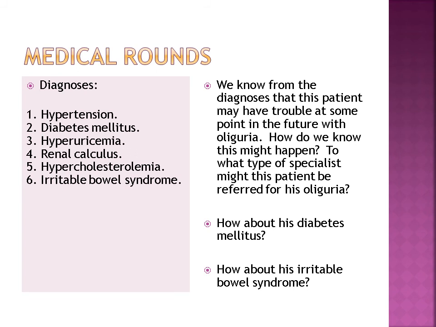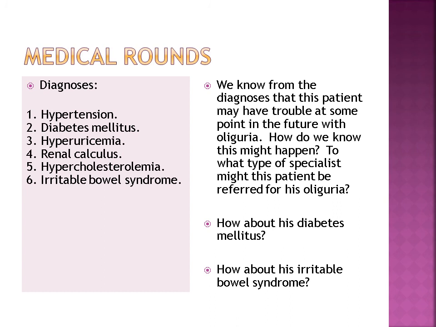Continuing with the same patient, we know from the diagnoses that this patient may have trouble at some point in the future with oliguria. How do we know this might happen? To what type of specialist might this patient be referred for his oliguria? Renal calculus is a kidney stone.